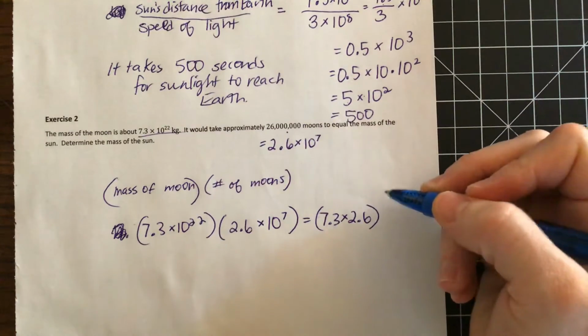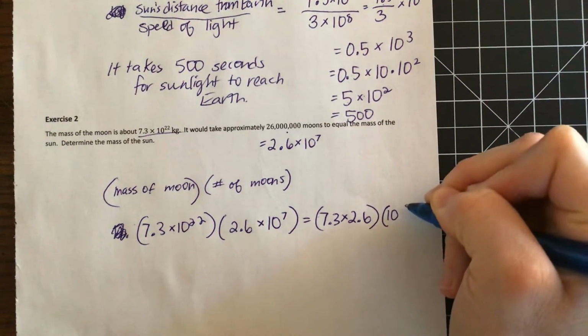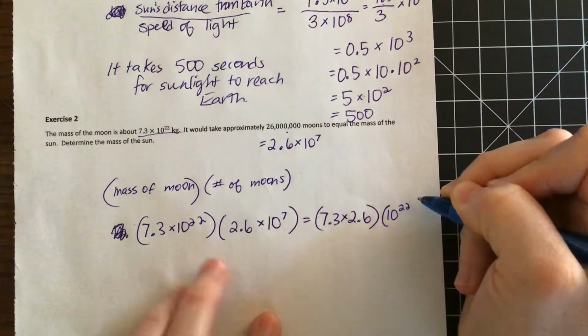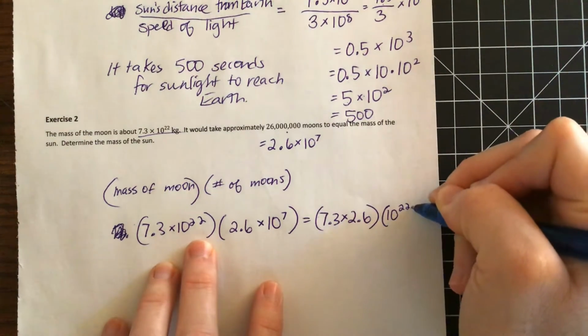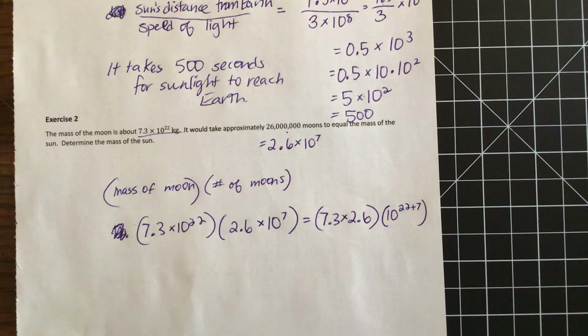All right, and then you have multiplying that 10 to the 22nd times 10 to the 7th, which is going to be plus 7, right? Using the product rule.